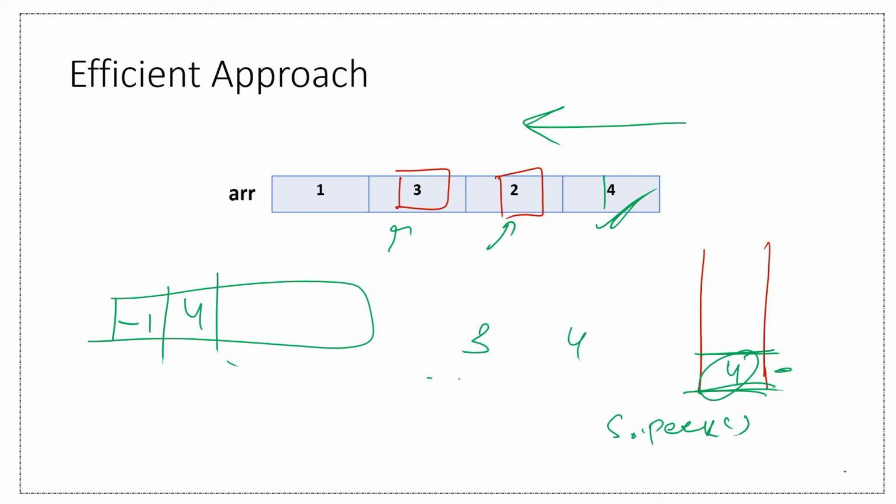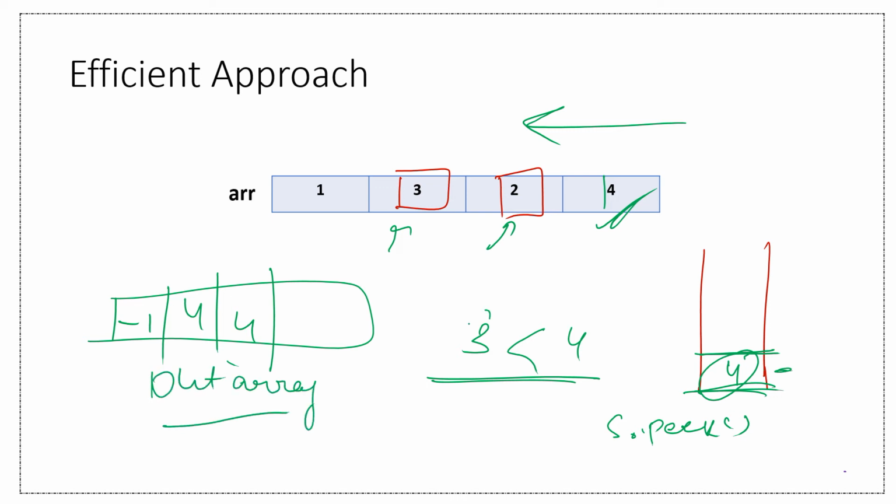So we will compare 3 and 4. It is greater, so we will add 4 to our output array, and we will again push 3 into the stack. Now for 1 we will compare 1 and 3. We will get 3 as the greater element than 1. Then we will again push it in the stack.